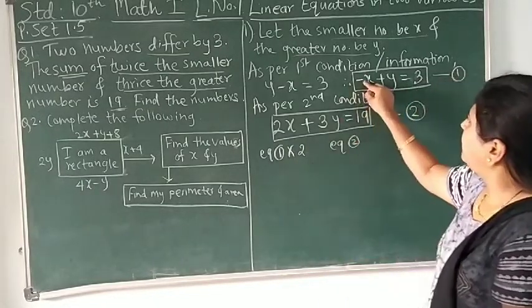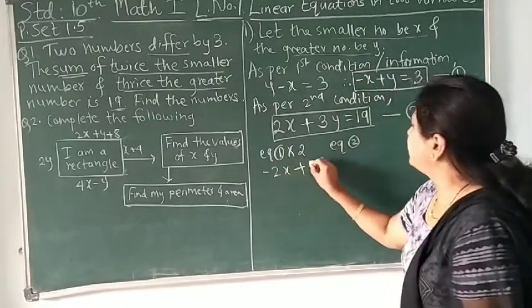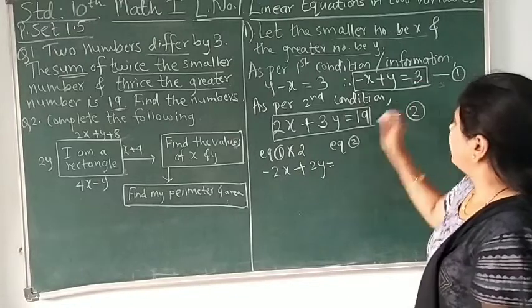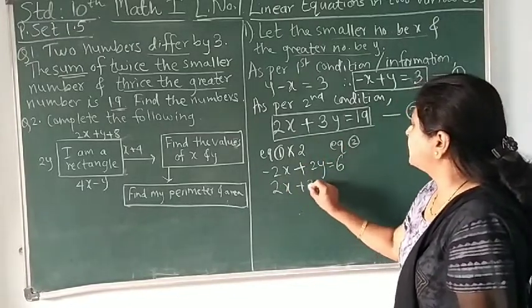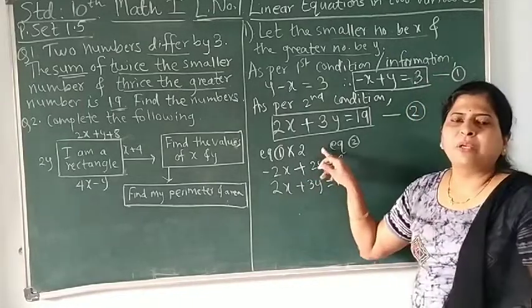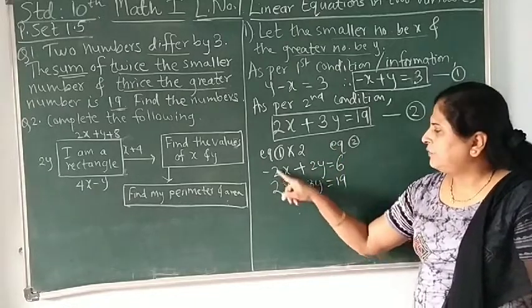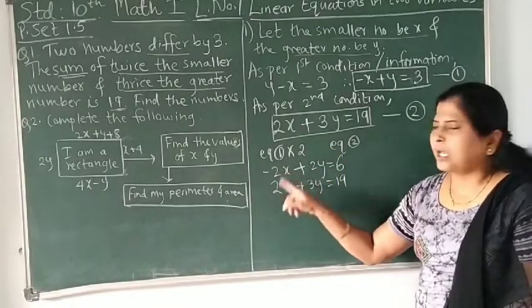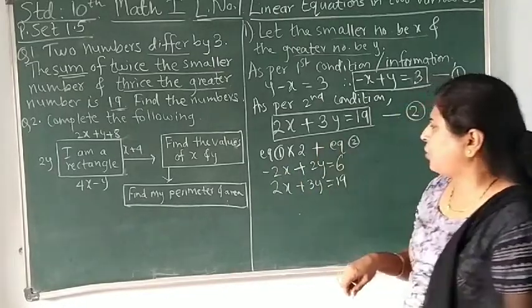Equation 1 multiplied by 2, what do we get? Minus 2x plus 2y is equal to 3 twos are 6. And write the second equation, 2x plus 3y is equal to 90. Now whether to do addition or subtraction depends on these signs. If the signs are opposite, by adding you can see that they will cancel, and hence you have to add.